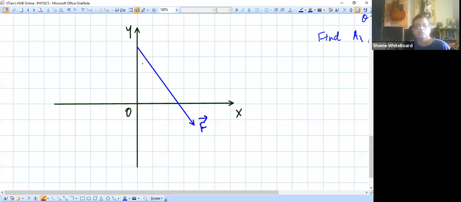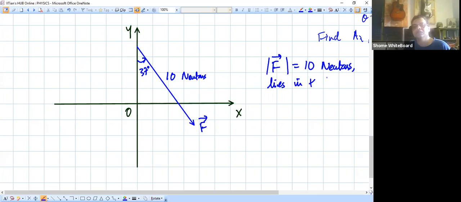Okay, this angle is now 37 degrees, and the force is, let us say, 10 newtons. So the force F has a magnitude of 10 newtons, and lies in the XY plane.